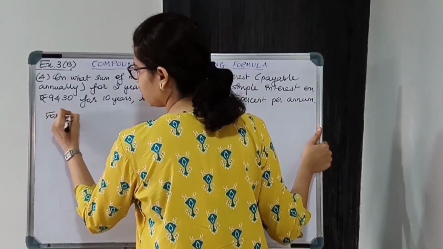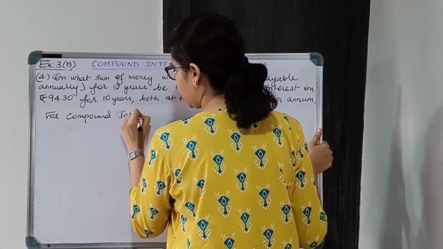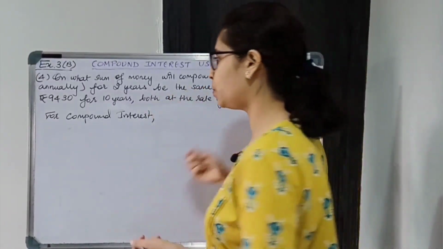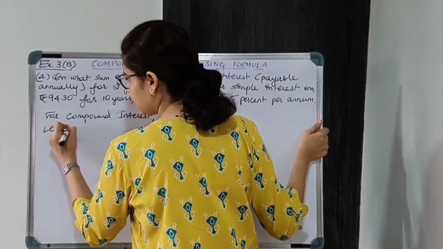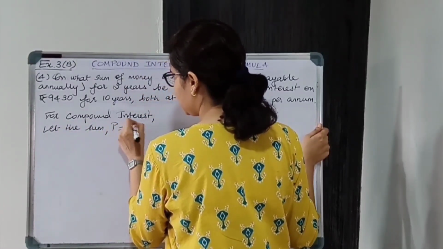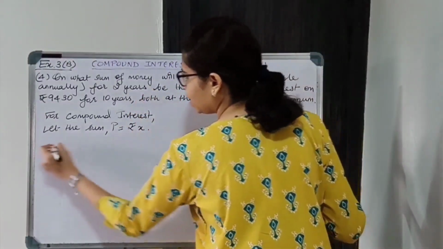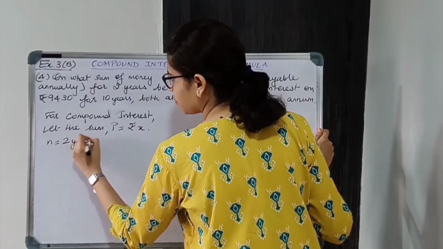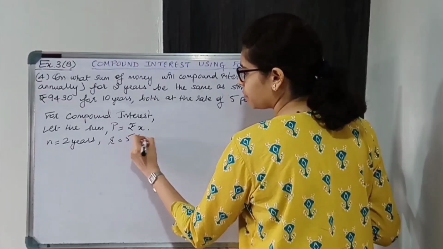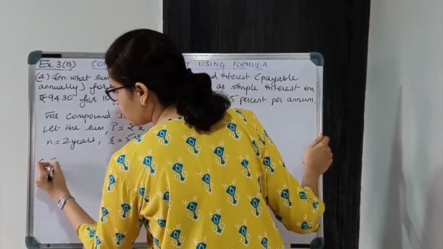Now for compound interest, we are not given the sum of money, that is principal, so we'll assume it to be X rupees. So let the sum, that is principal, be rupees X. Now we know the number of years, so N is 2 years and R is 5% per annum. So let us use the formula.